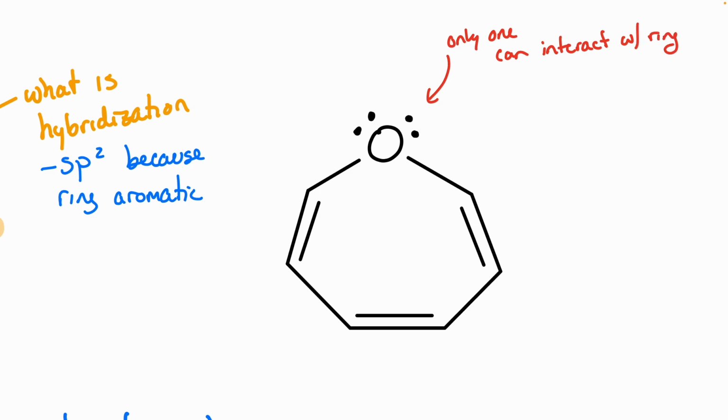Just because of the geometry of these hybridizations, you can never have 2 lone pairs sitting in the same p orbital, right? So one of these lone pairs here will always be localized, meaning it's just going to stay put on that oxygen atom.